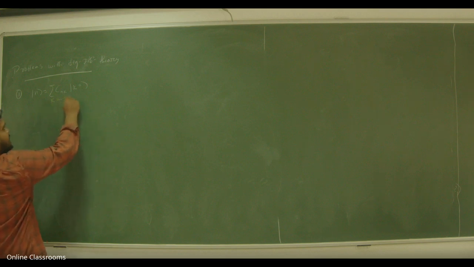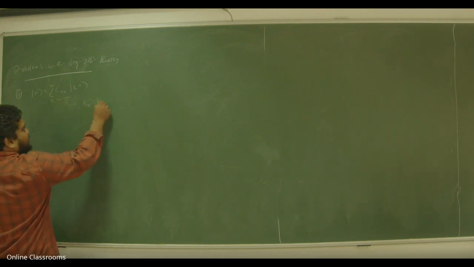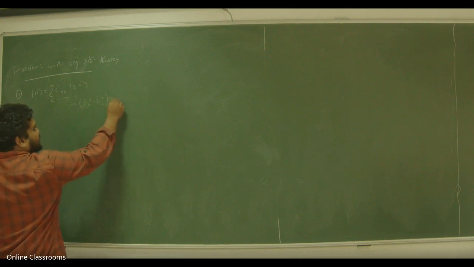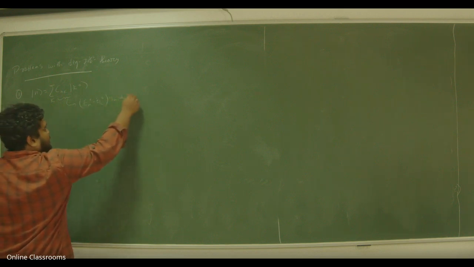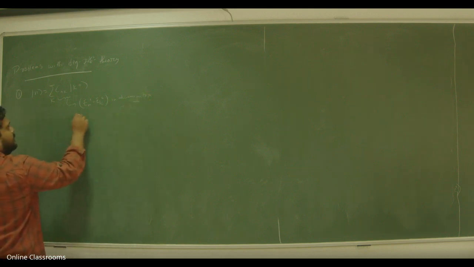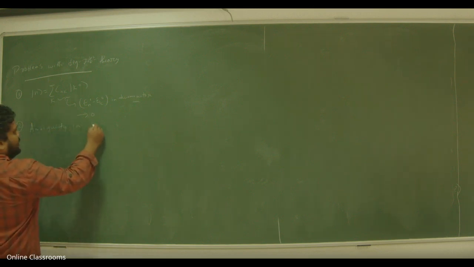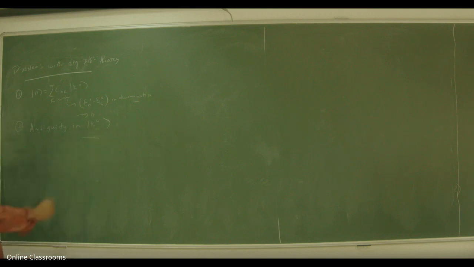And these terms have En0 minus Ek0 in the denominator, right? So they are blowing up. They are going to 0 because of degeneracy. This is the first problem. The second problem is ambiguity in k naught.